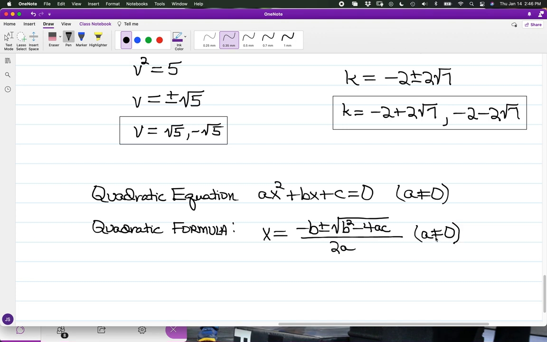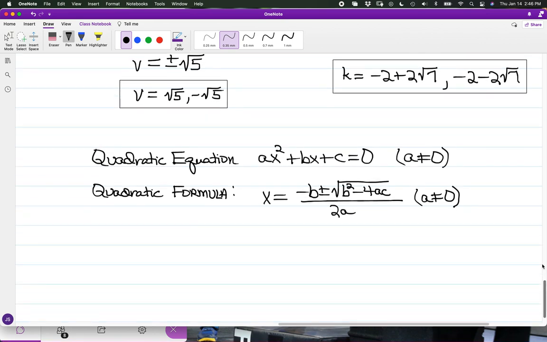Again, a is a non-zero valued constant. And now I'll give you a couple of cases here.